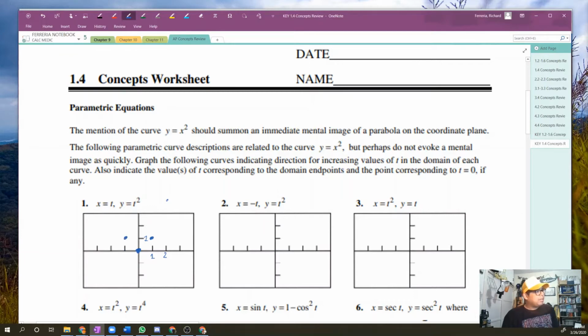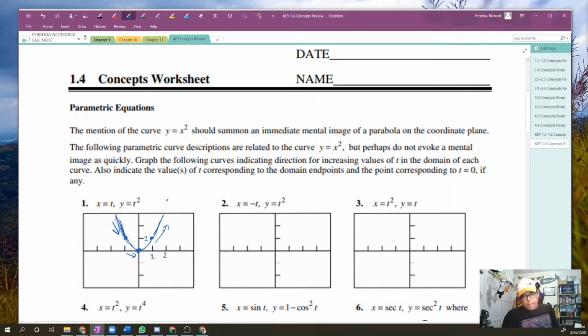When t is equal to negative 2, the x-coordinate is also negative 2, and the y-coordinate is positive 4. So we're looking at a graph of the parabola that proceeds just like that. So the direction is going to be in this direction.